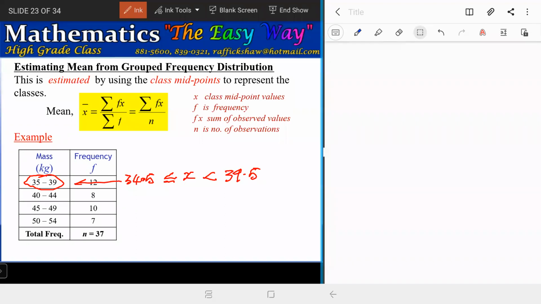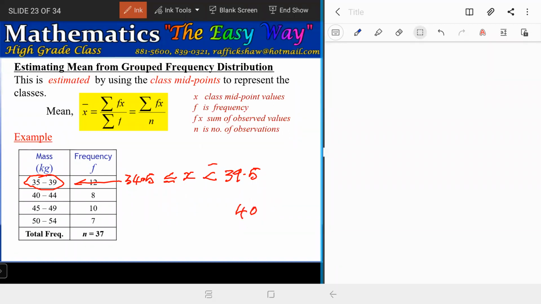Tell me if you understand that. Yes, sir. Good. Because 34.5 is approximately 35, isn't it? Yes, sir. And 39.5 is approximately 40.